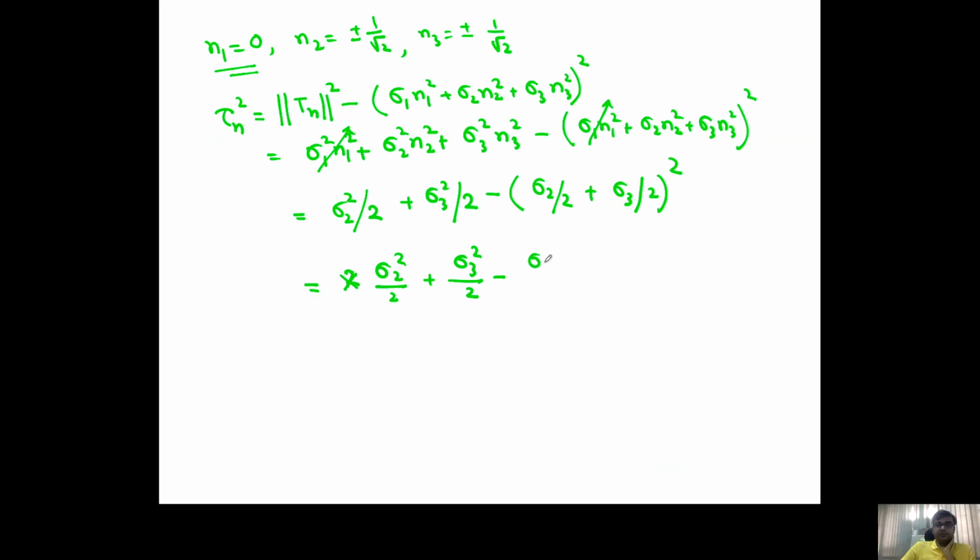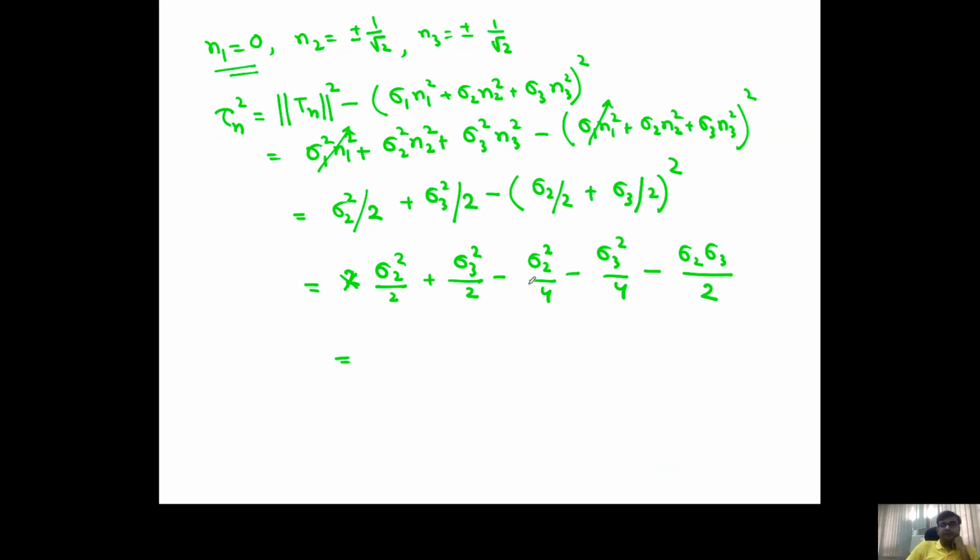So it is sigma 2 square by 4 minus sigma 3 square by 4 minus 2ab. So it will be sigma 2 sigma 3 by 2.